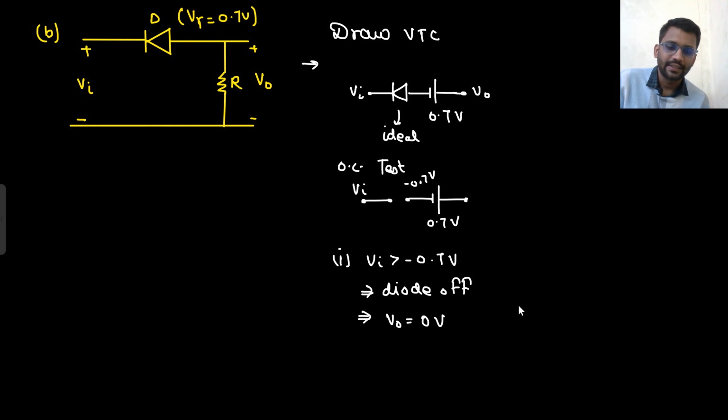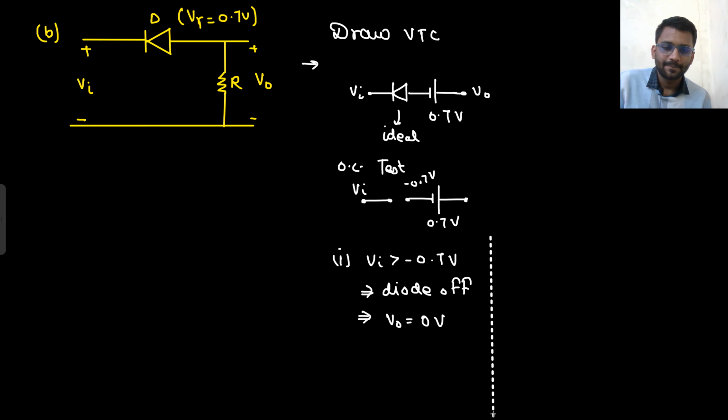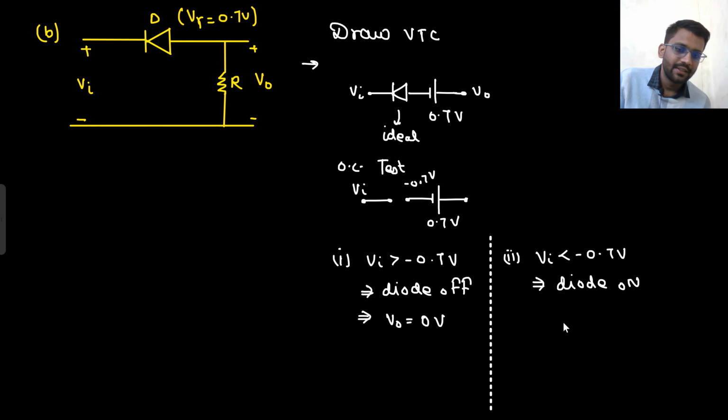Okay, let's take the second case. Here V in is less than minus 0.7 volt. That means N side is lower and P side is larger. That means diode will be on. Diode will be on, so it will be replaced with a short, with the 0.7 volt battery remaining.